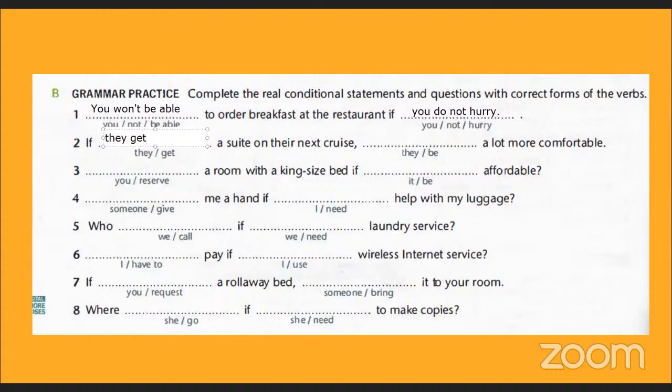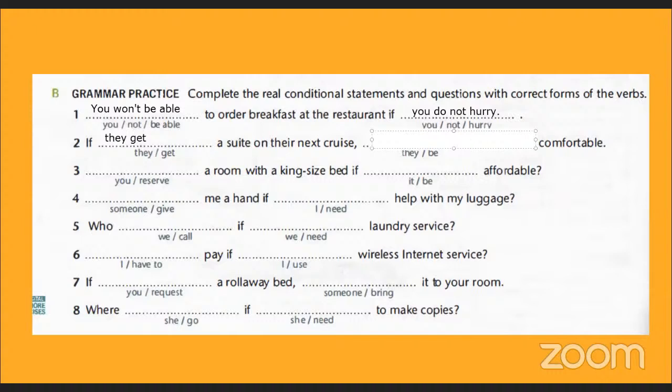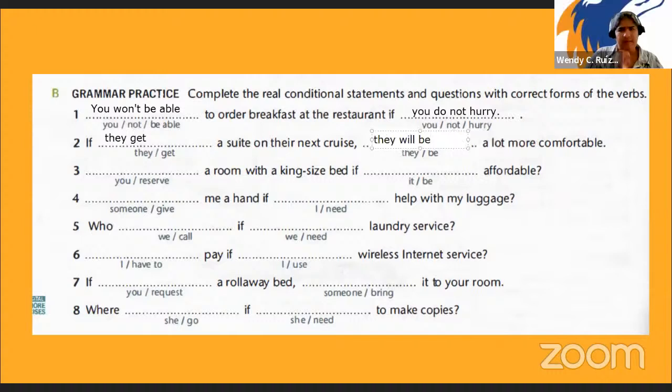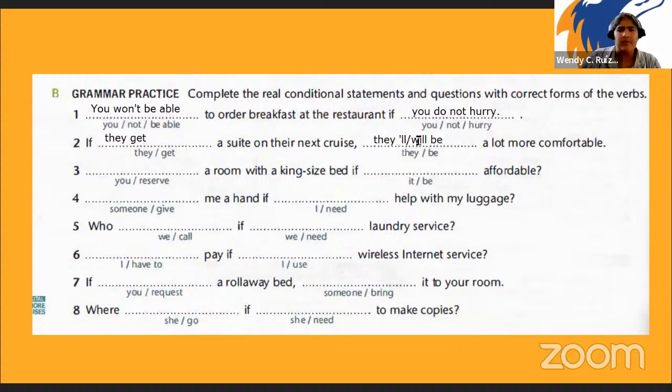They get. Y la otra sería they with, a lot of. Y aquí podemos usar una contracción, es decir, they'll, o will y be a lot more comfortable. Comfortable, más cómodos. Es correcto. If they get a suite on their next cruise, they'll or they will be a lot more comfortable. Es correcto, gracias. Está bien.